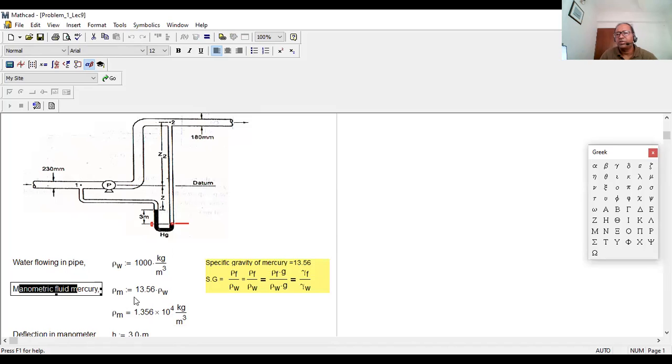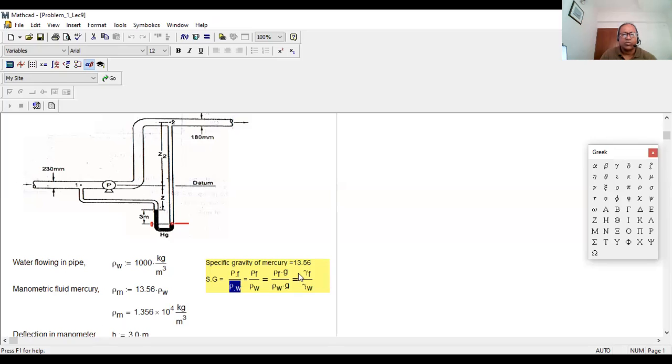You can directly put the density of mercury as 13.56 into 1000, but what I did was put the specific gravity of mercury. What is the specific gravity? Specific gravity equals the density of the fluid divided by the density of the water. That is called specific gravity.